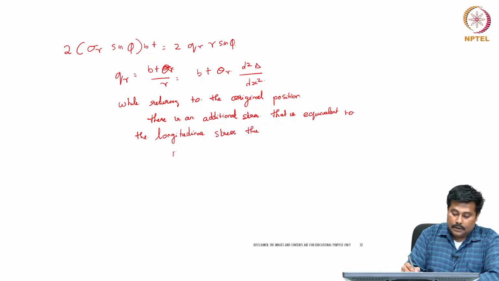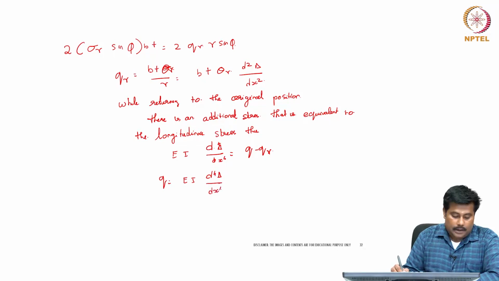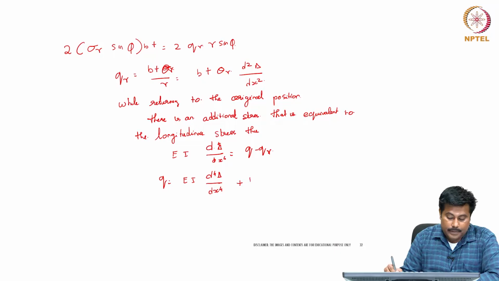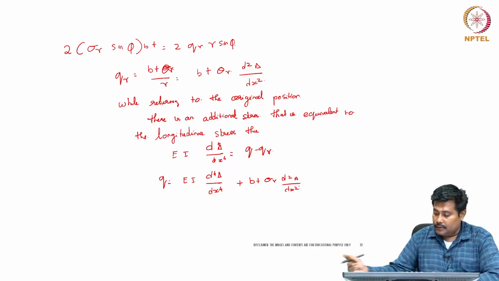Thus, EI d power 4 del by dx power 4 equals q minus qr, where q equals EI d power 4 del by dx power 4 plus b t sigma r d squared del by dx squared.